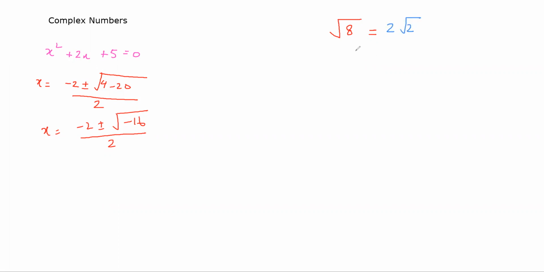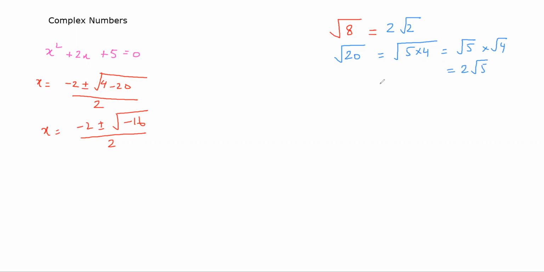If there is, let's say, under root 20, this can be written as 2 under root 5, because 20 is basically 5 times 4. So this is under root 5 times under root 4, so you can write it as 2 under root 5.